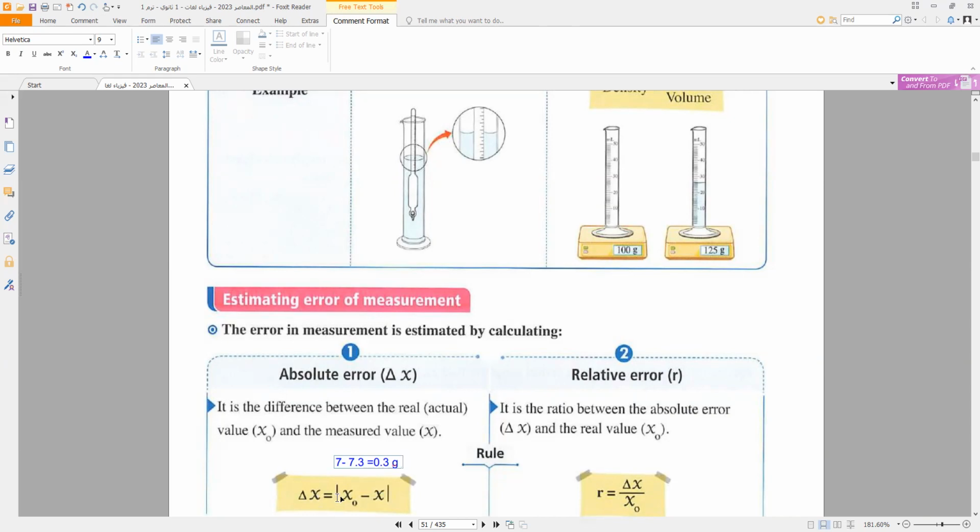The absolute value sign means that you need the magnitude, not the sign. I know that it is negative 0.3, but with the absolute value, you need the magnitude only, whether it is positive or negative.